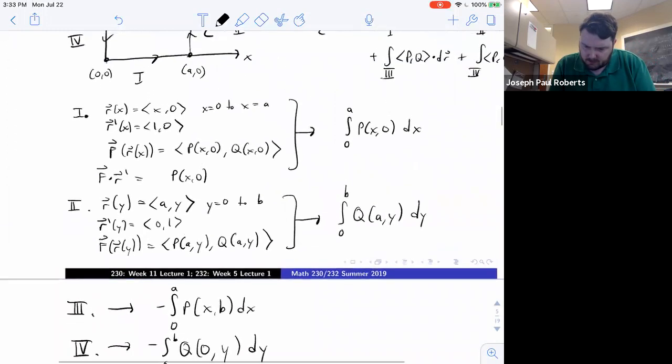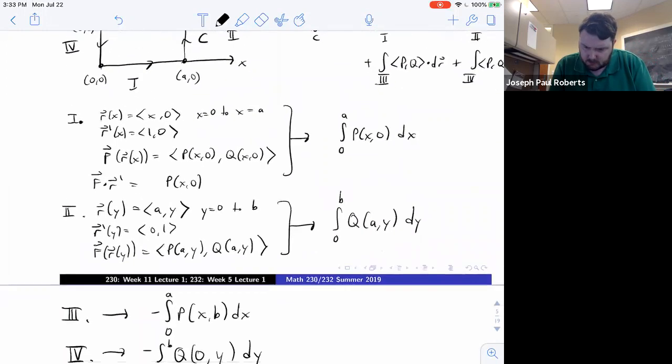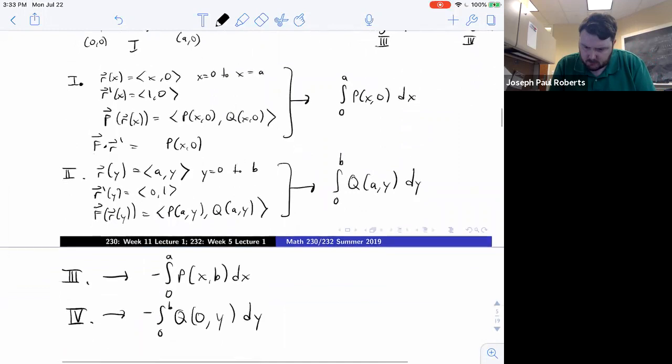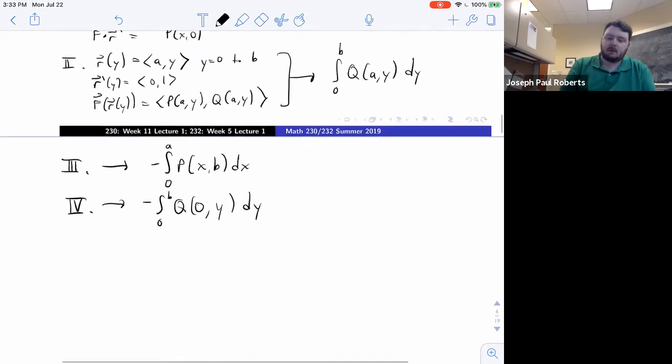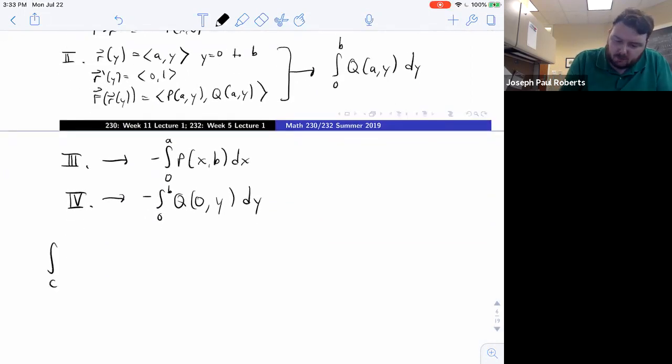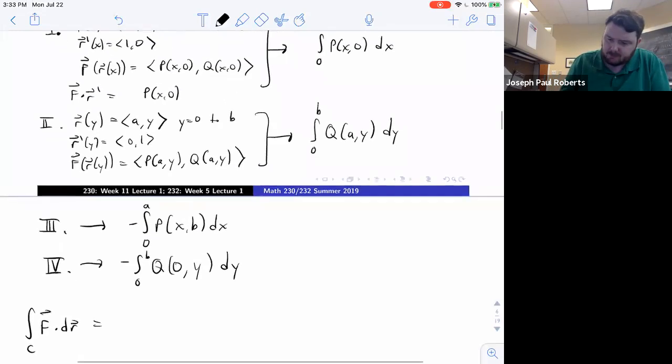Let me make sure I did everything right. Looks good. So it looks then like the total work of F dotted with dr, I'm going to rearrange it like this.